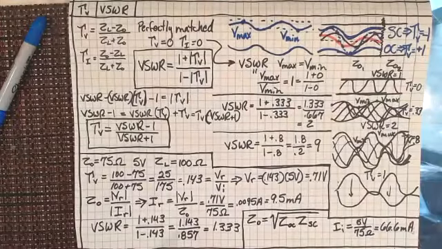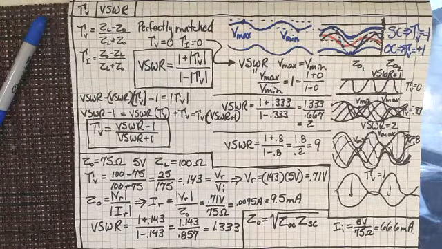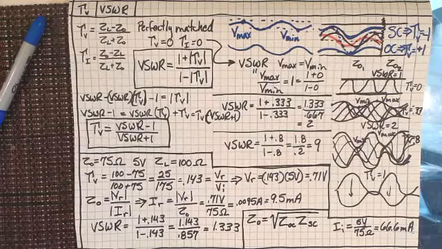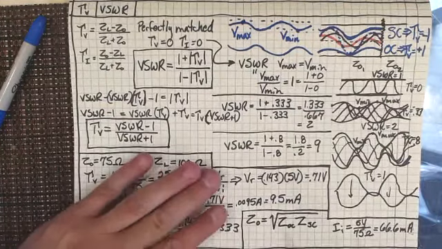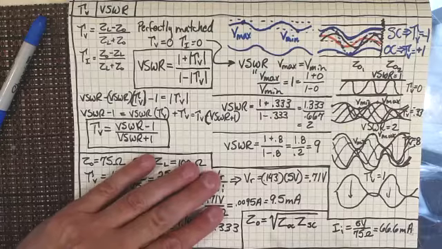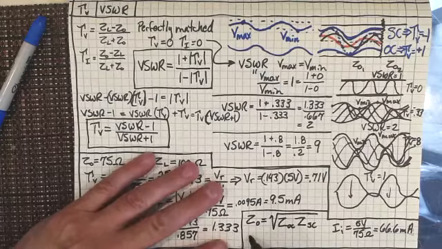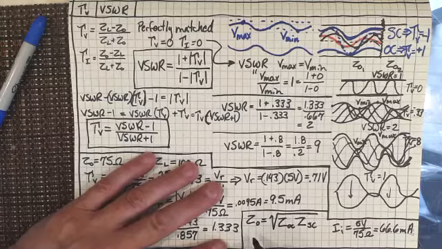There's also another; in the next lecture I'm going to do some examples of these. Also, you can find out beta. In a lossless line, there is no alpha, right? Because R prime is 0, so alpha in the propagation constant is 0.